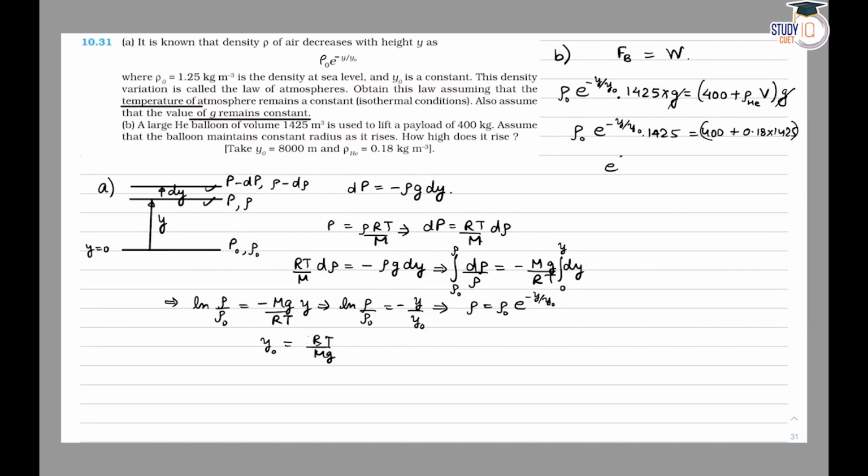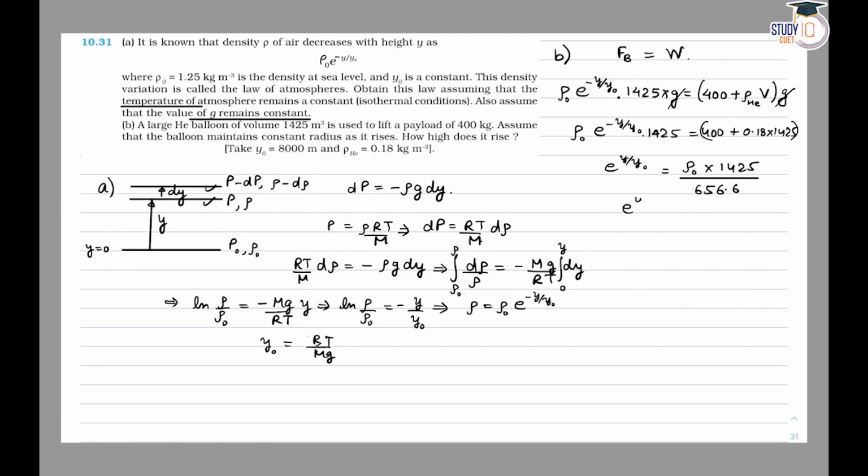And this gives us e raised to power y upon y naught is equal to rho naught into 1425 upon 400 plus 0.18 into 1425, this comes out to be 656.6, divided by 656.6. Rho naught has been given as 1.25.